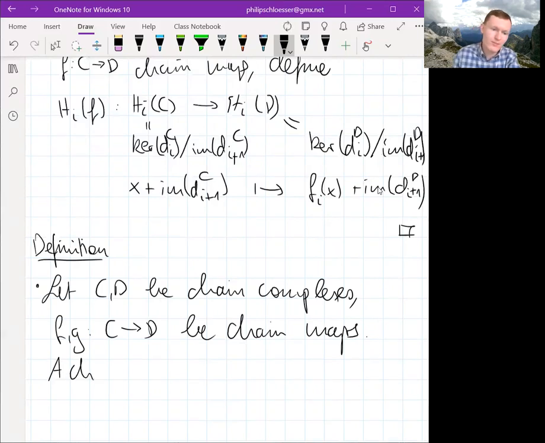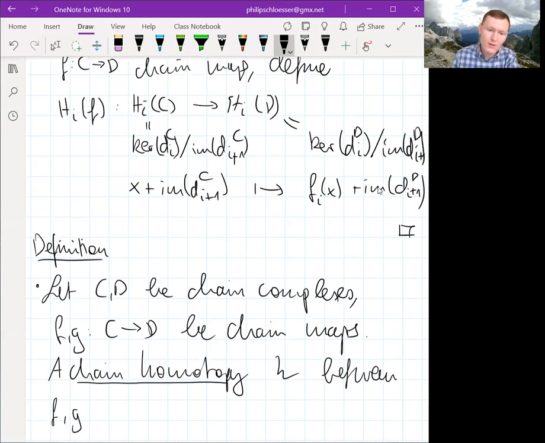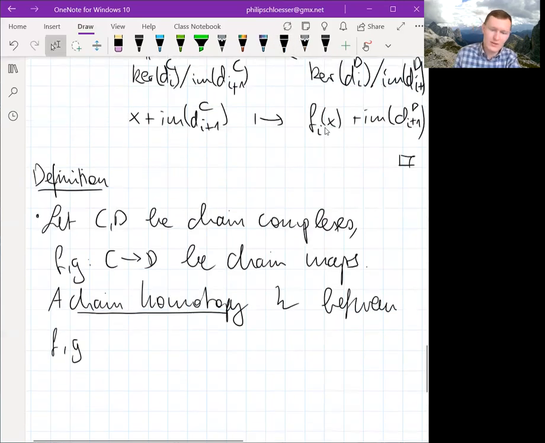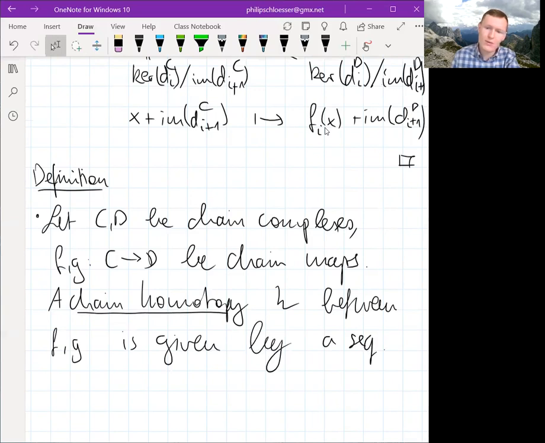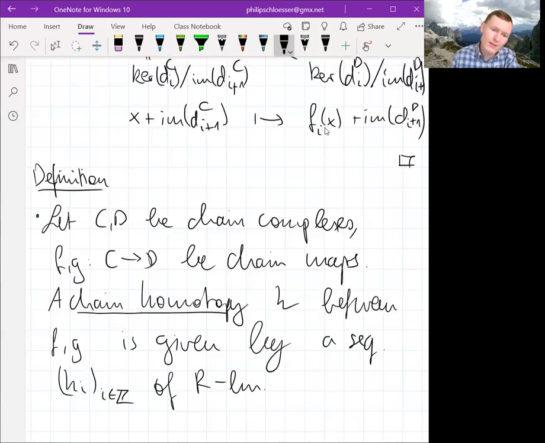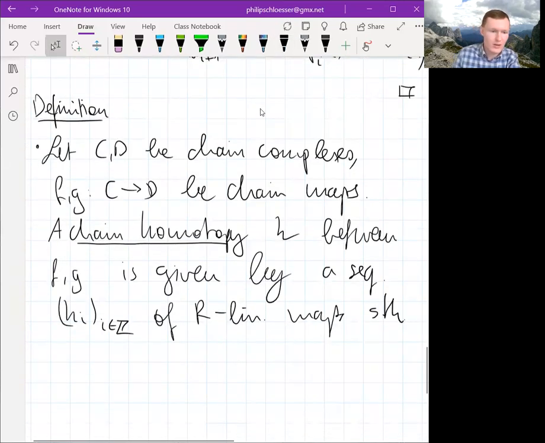The chain homotopy h between f and g is given by a sequence again, h_i, of linear maps such that every h_i goes from C_i to D_{i+1}.